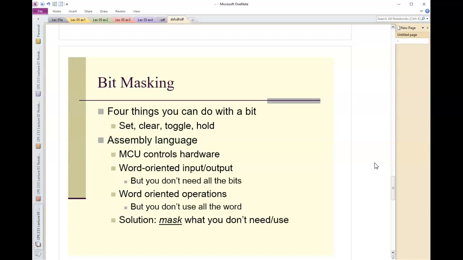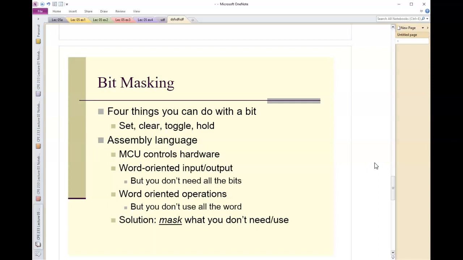I'm going to use these masking operations to essentially get at only the bits that I want to deal with. Now, once again, this has to do with the notion of input and output mainly.